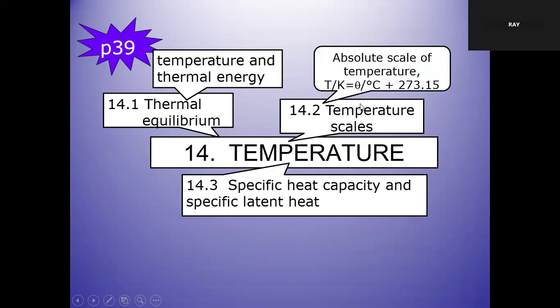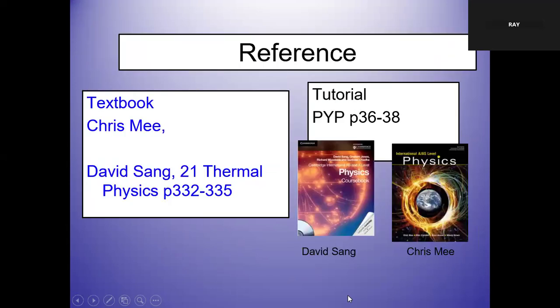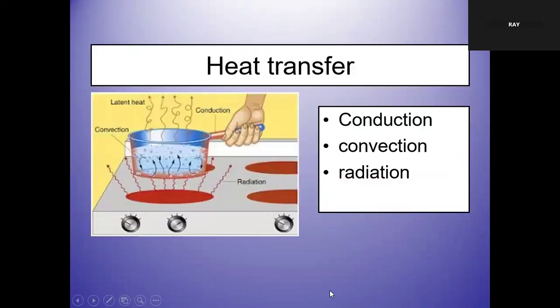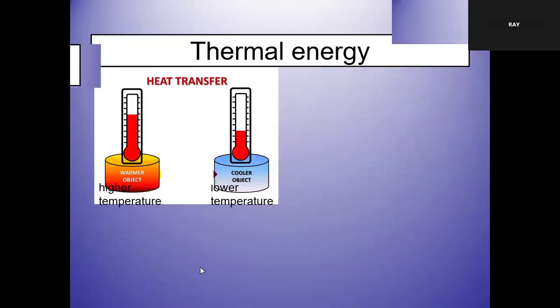And this you need to memorize, know how to use it. Refer to the textbook, right? This is the syllabus. Heat transfer can be by conduction, convection, radiation. This object is warmer, higher temperature. This cooler object, lower temperature.